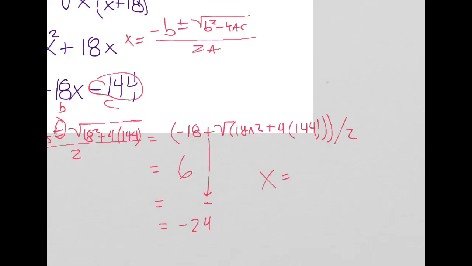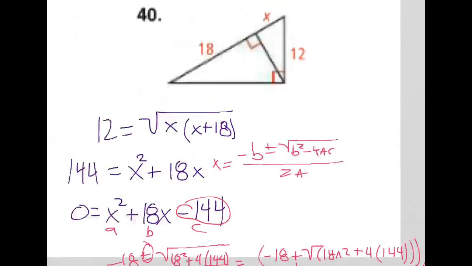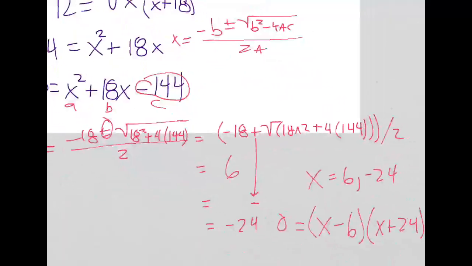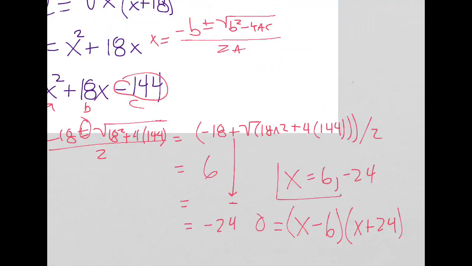So we get the two solutions, x equals 6 and negative 24. That means we could have factored this as x minus 6 and x plus 24. Notice it's the opposite of the solutions. But the point is, what were we doing? We were dealing with this triangle, which means this x value has to be positive, so x equals 6.